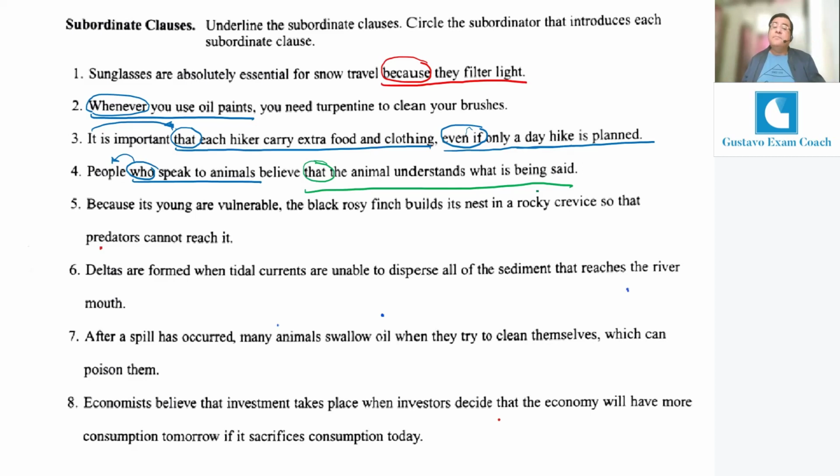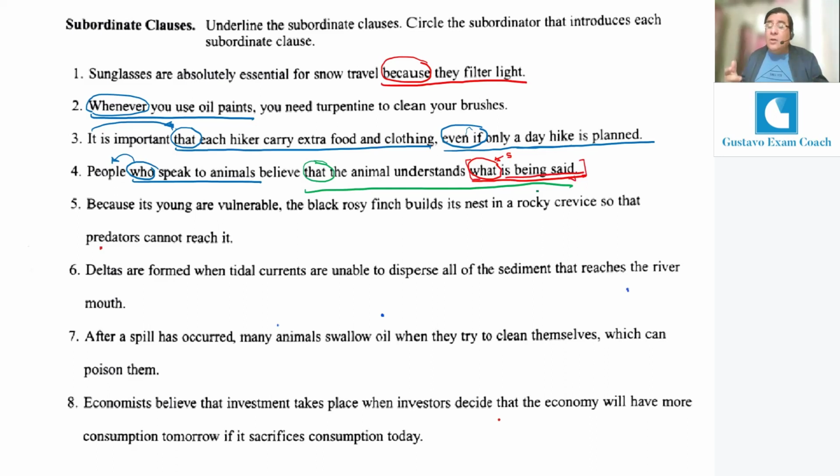of the verb believe. But you can see that embedded in this subordinate clause, starting with that, there is another one, which is in fact the clause beginning with the subordinator what. Here, what is being said. You can see that what is a subordinator and also at the same time the subject of this clause, and is being said is the conjugated verb, right?